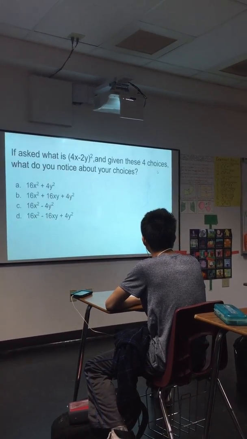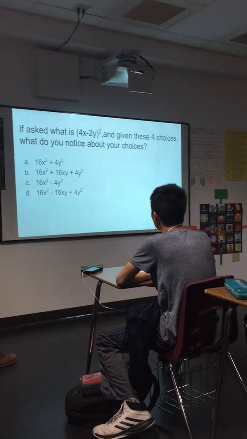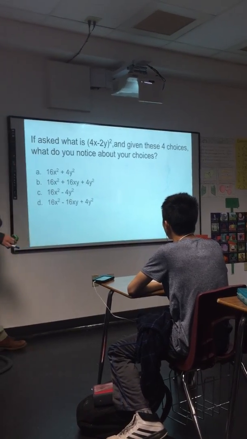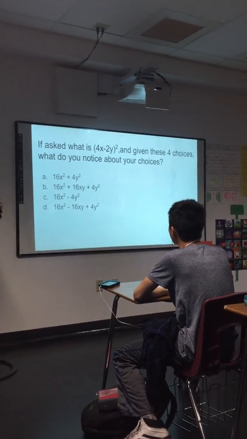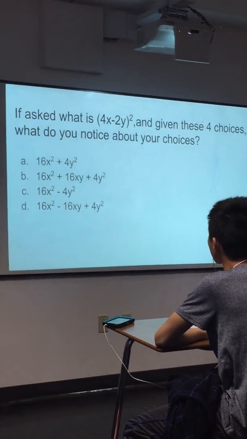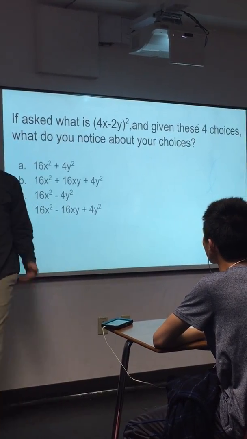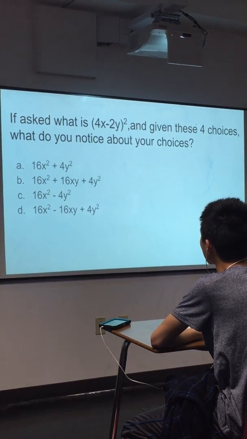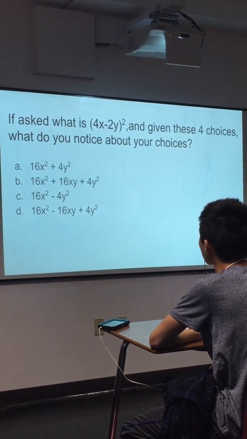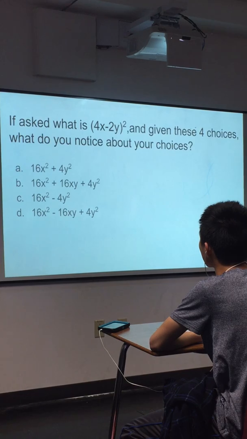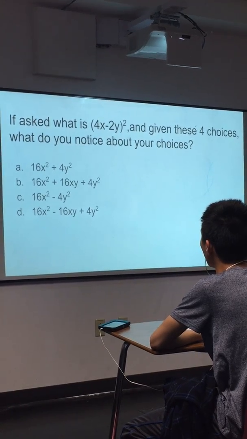In the next slide, you're given something and it's squared as usual. I don't want you to do this just yet, but please take a look at the choices as well as what is being squared and think about something that you might notice. 30 seconds, observe. What do you notice?